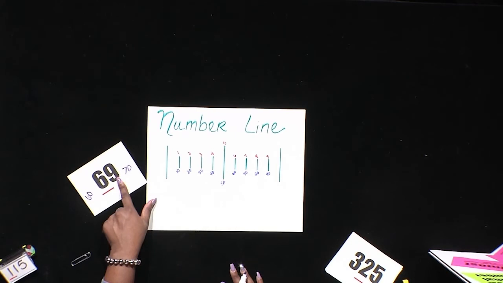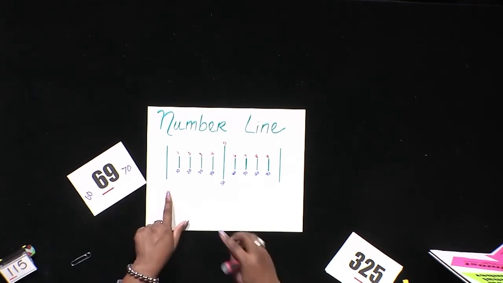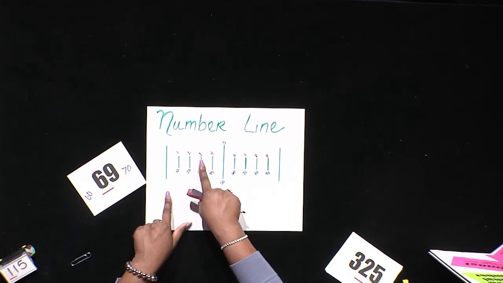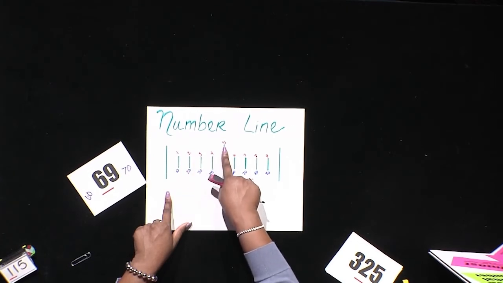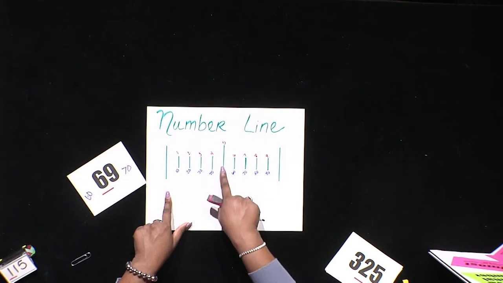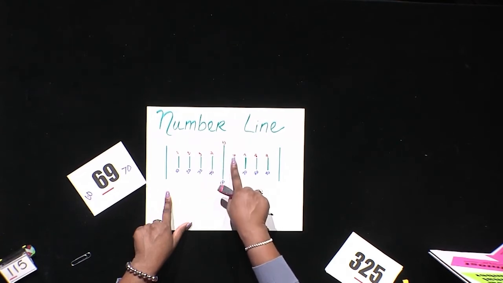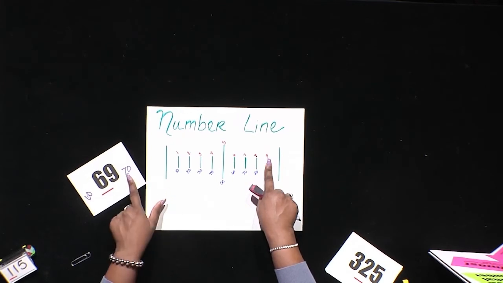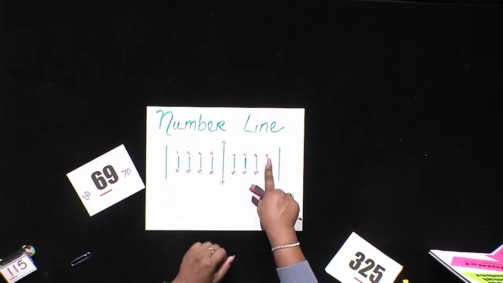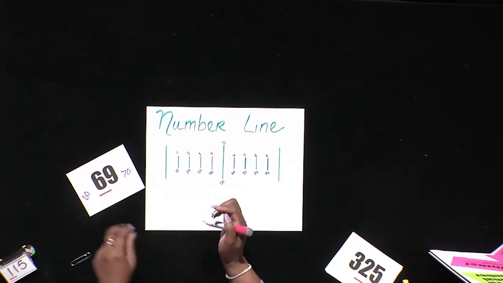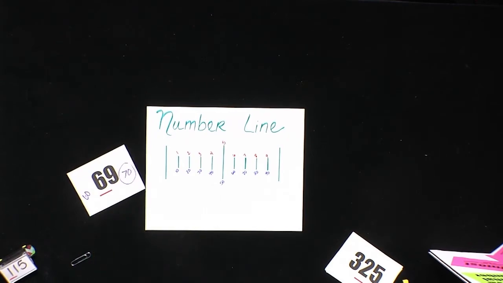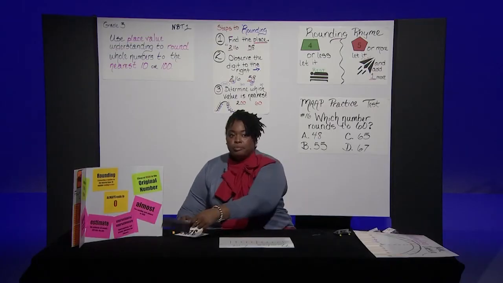What place is that? Ones. 1, 2, 3, 4, 5. I passed 5. 6, 7, 8, 9. So what am I closest to? That's right, the 70. So 69 rounds to what number? 70. Good job. Let's do one more.